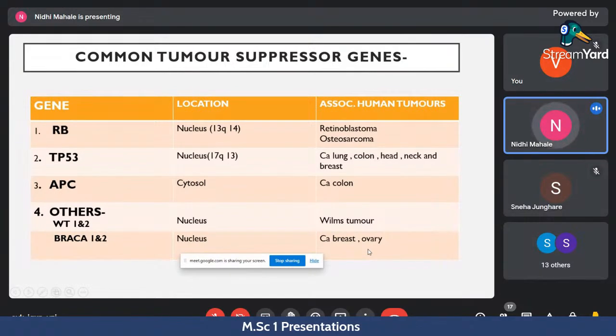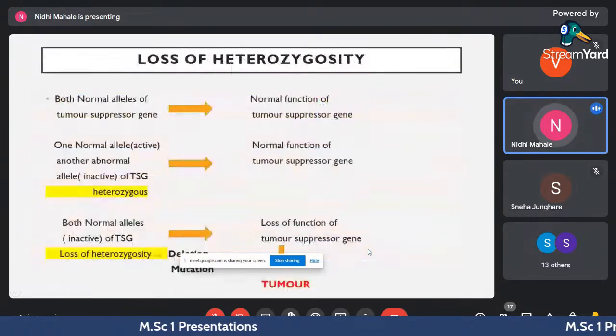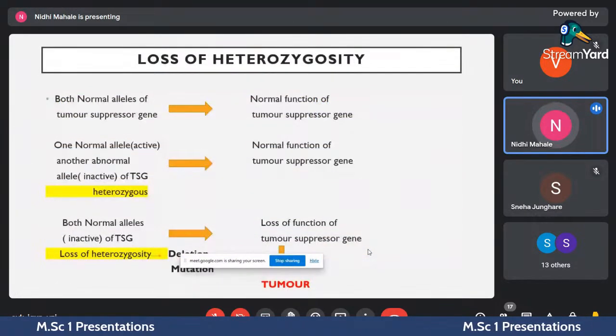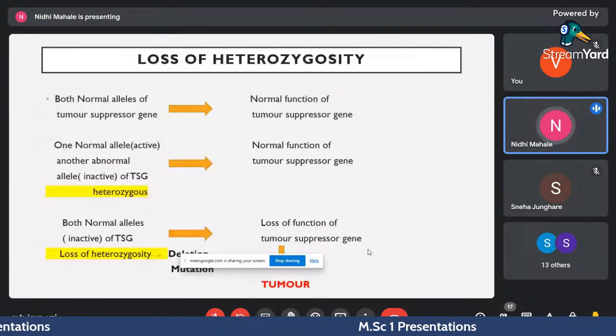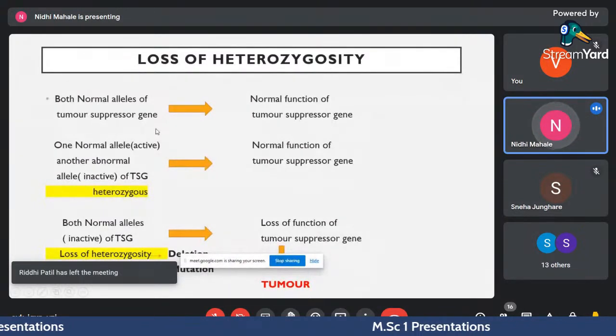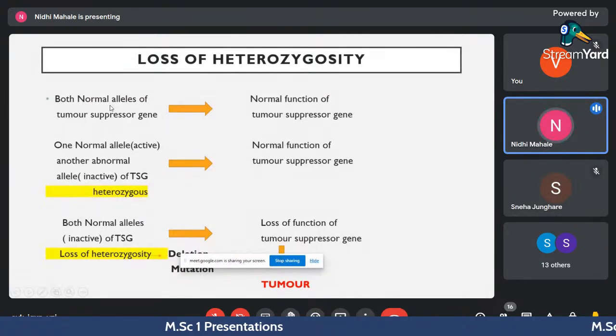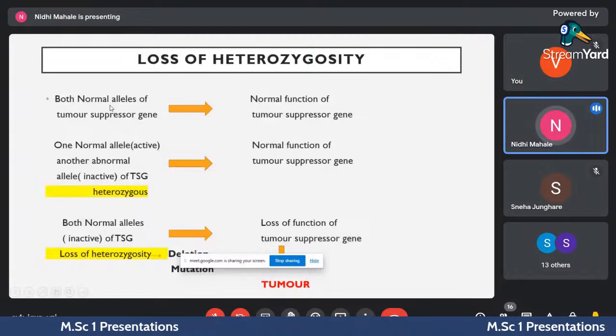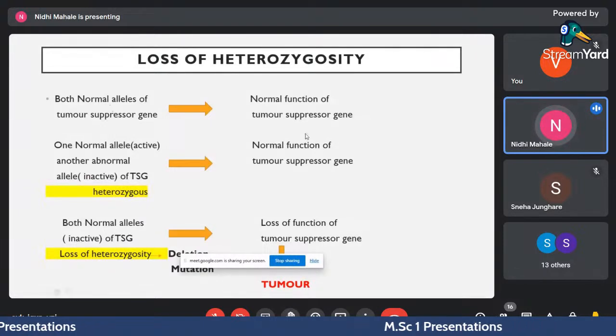Before we understand the concept of the tumor suppressor gene or RB gene, let us see what loss of heterozygosity means. In a tumor suppressor gene, when both alleles are normal, there is normal function of the gene.